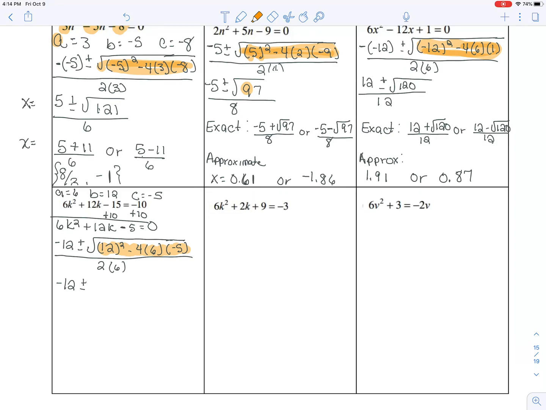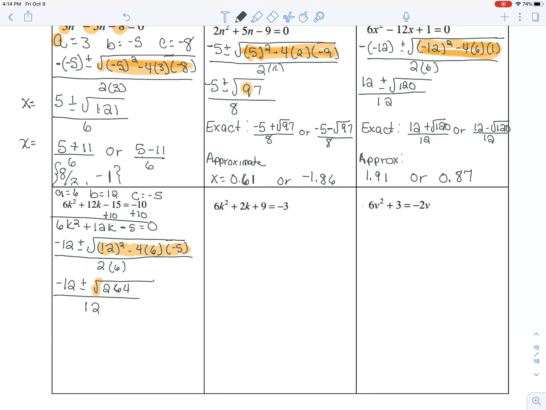So that is 144 minus 4 times 6 times negative 5, which is 264. So the square root of 264 over 24. I can't multiply tonight. Over 12.